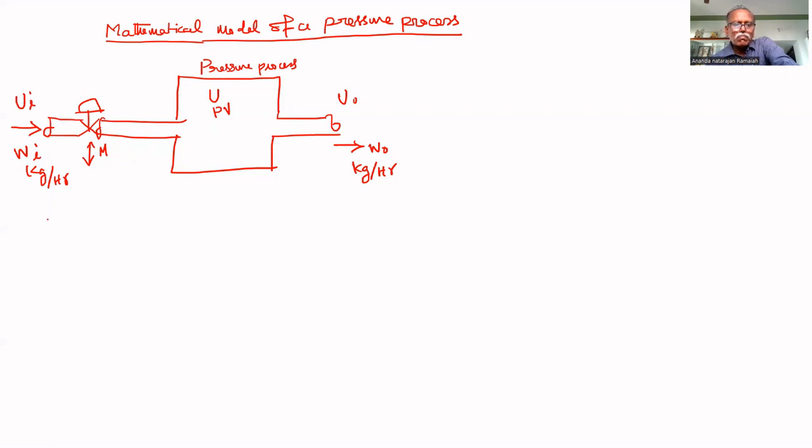For this, we have to apply conservation of mass.